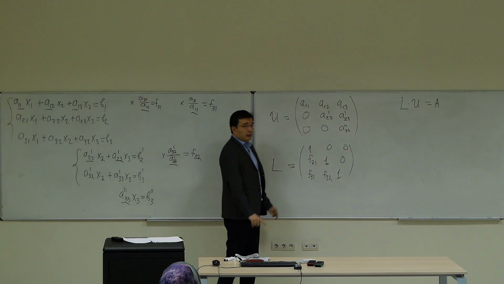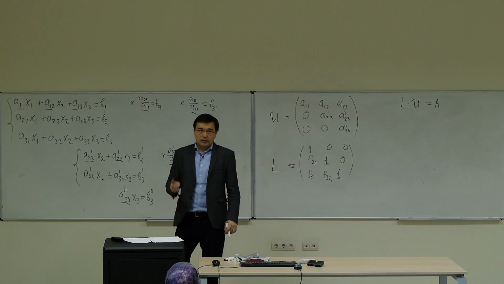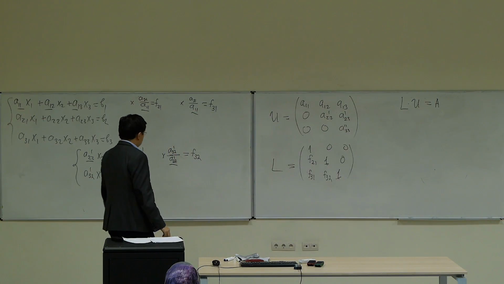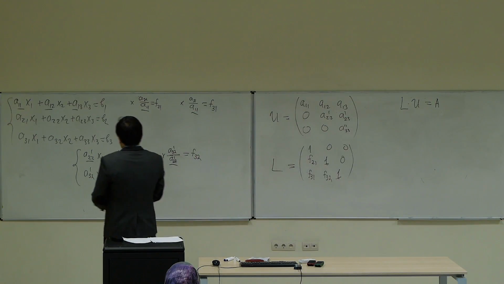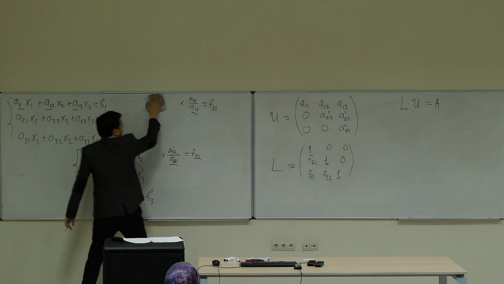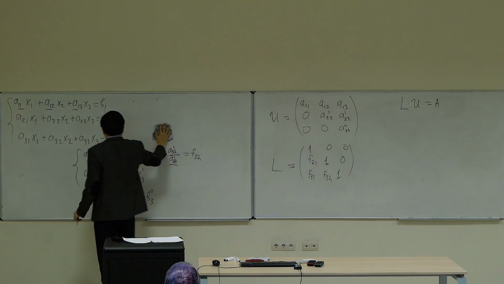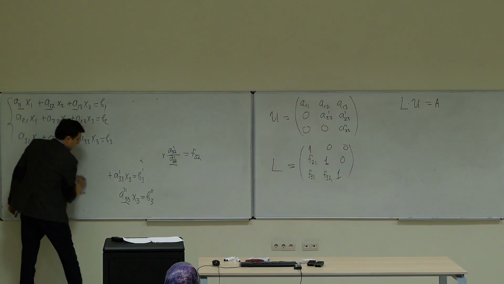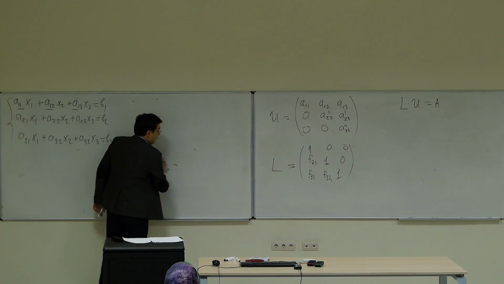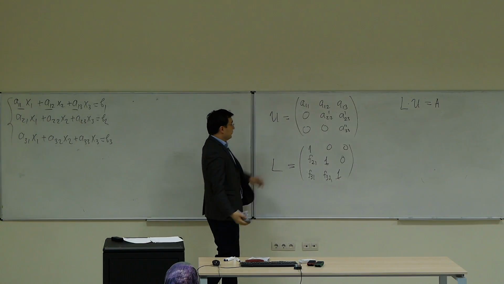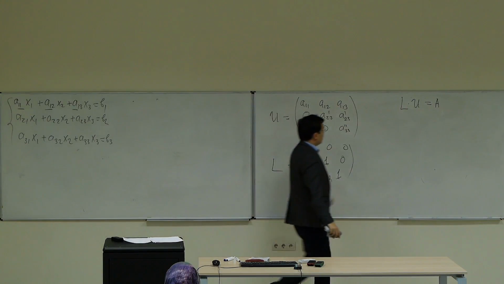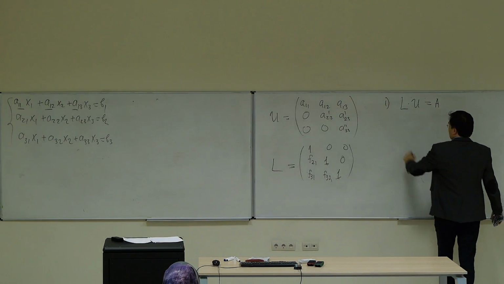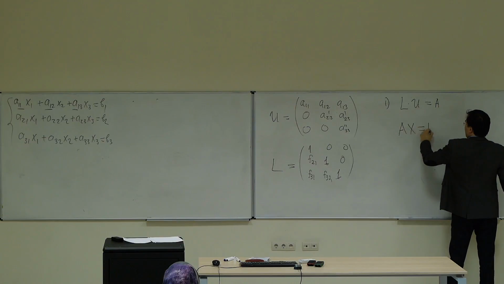Now we decomposed. Okay, that's only step one. What was step two? Forward substitution, right? Let's do that step right here. Okay, so I obtained my matrix U. So let me remind all these steps. So this is the first step. All right, so the original equation is this one.